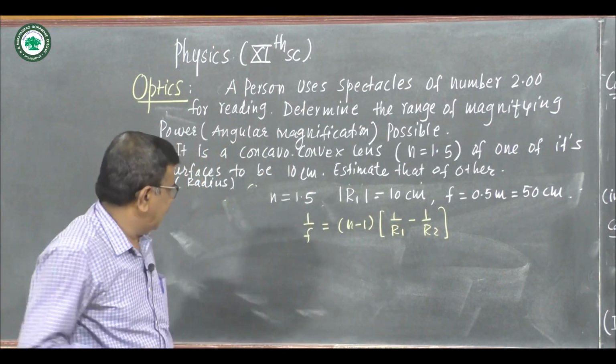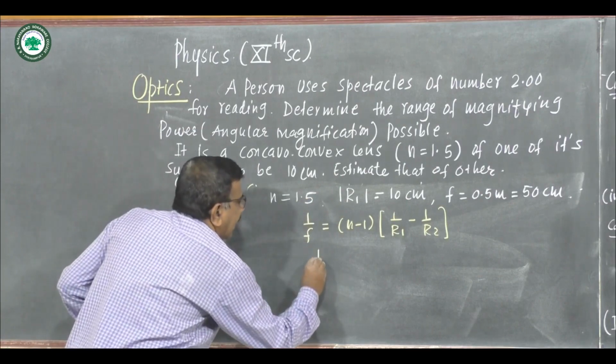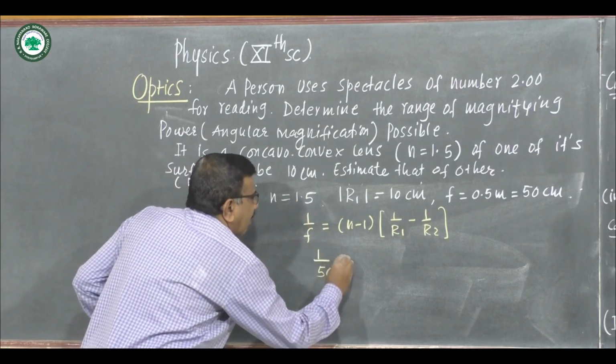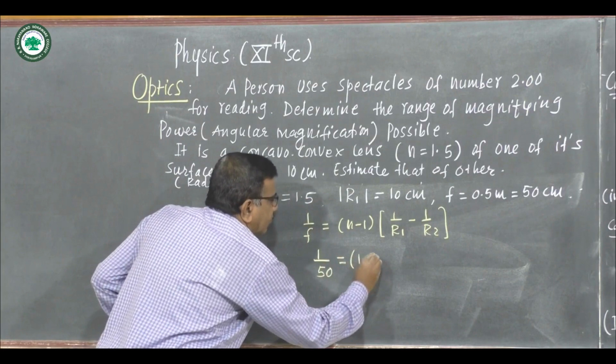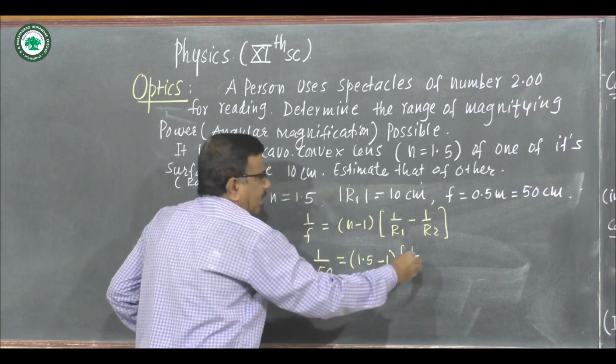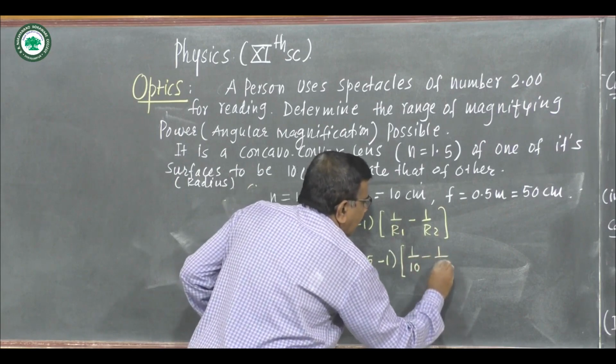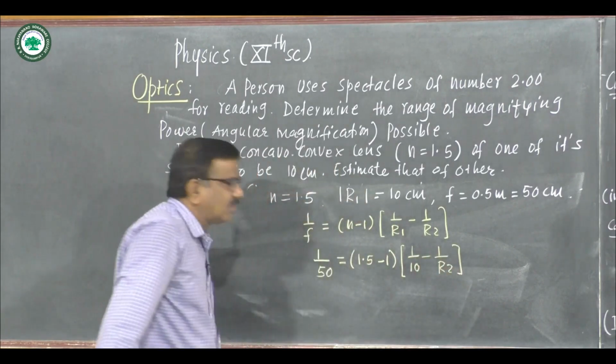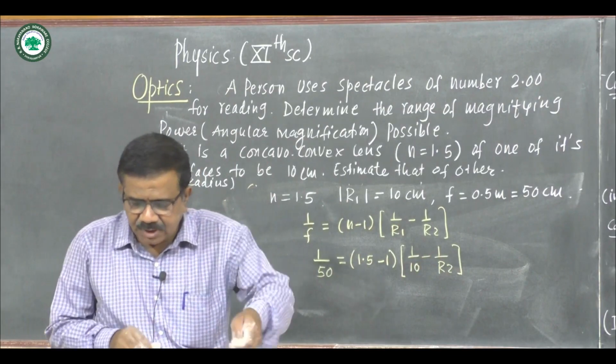So 1 upon 50 is equal to (1.5 minus 1) times (1 upon 10 minus 1 upon R2).